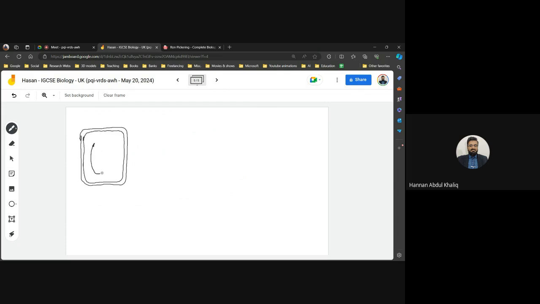Maybe it's present in the leaf, or in the stem or root, whatever. This is the vacuole.